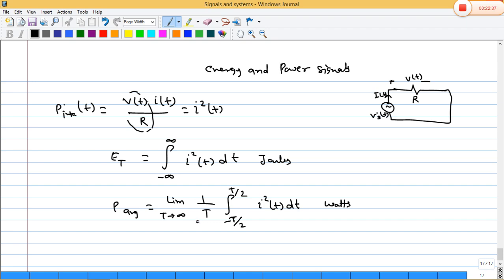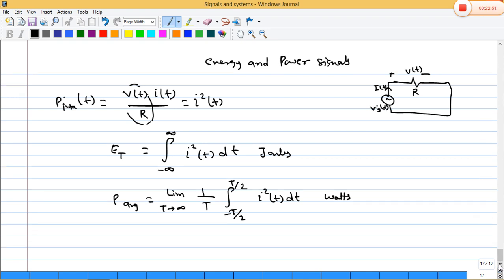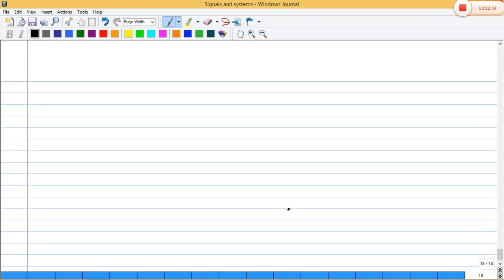Now for any arbitrary time signal, the normalized energy contains E. That one will be what? So this one is the total energy and average power. Now if I want to find out the normalized energy, that is the integral from minus infinity to infinity of x(t) square dt.